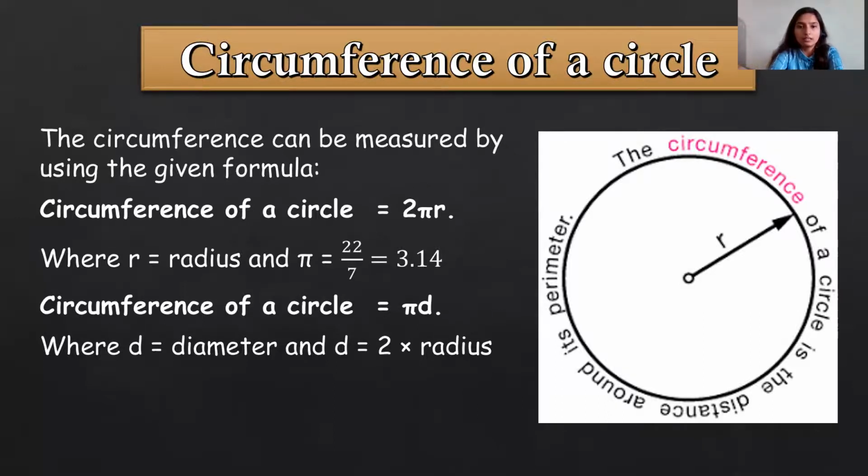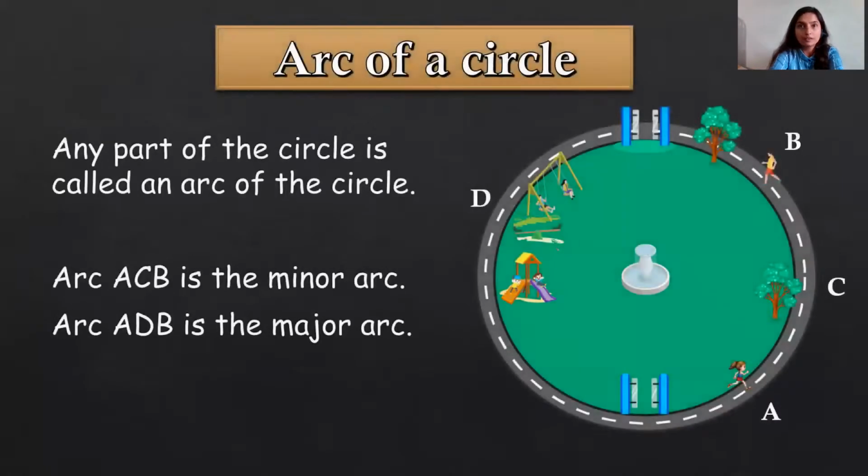All right, now let's learn about the arc of a circle. Any part of the circle is called an arc of the circle. Here, if we start from the position of the girl, who is at point A, and we continue to go till the position of the boy, who is at point B, this part from A to B of the circle will be called an arc.